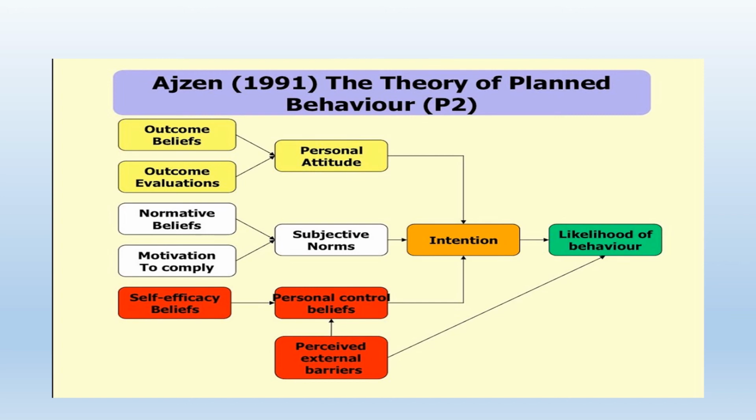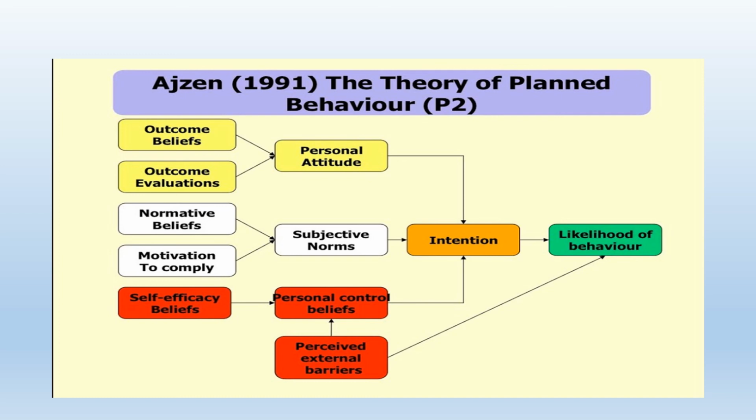And then he assesses normative beliefs, subjective norms about society and what the surroundings are saying about his or her healthy conditions, and then he gets motivated to comply with the subjective norms. Self-efficacy beliefs are very important, and that includes personal control, how much a person thinks that he can change his behavior, and what external barriers are present for the change in behavior.